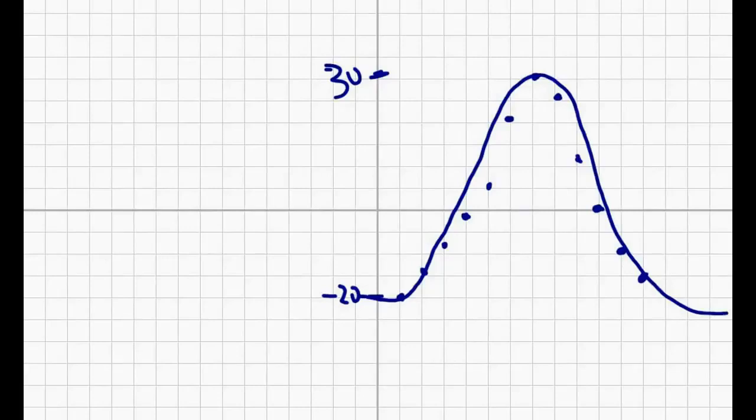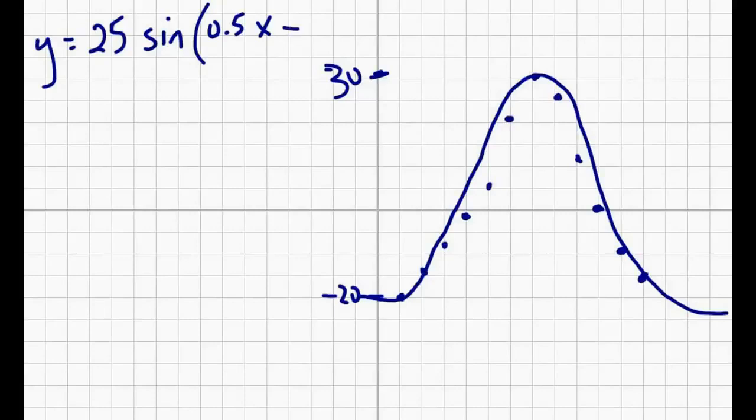Okay, so then let's suppose on your calculator it gave you a regression equation of, I'm going to make up numbers here a little bit, but that's close enough, let's suppose it was 25 sine 0.5 x minus 2, plus 5.